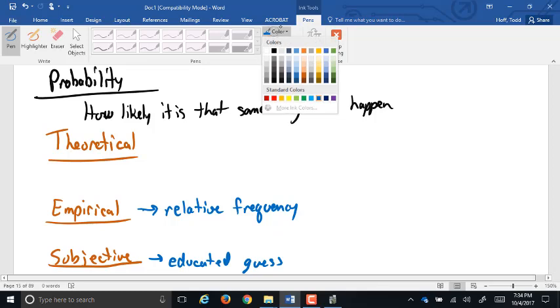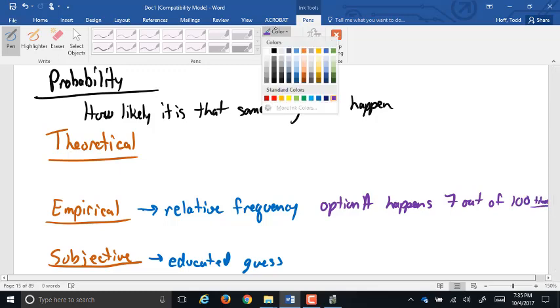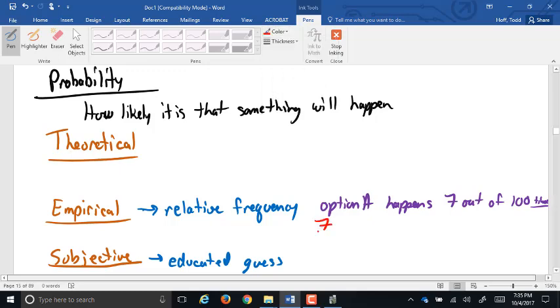Basically, if you look at this event, if option A happens 7 out of 100 times, well, then its probability is 7 out of 100, which is 0.07 or 7%, however you want to write it. That's its relative frequency.